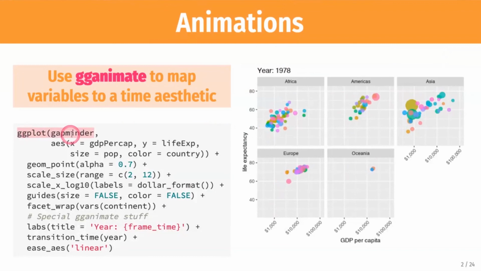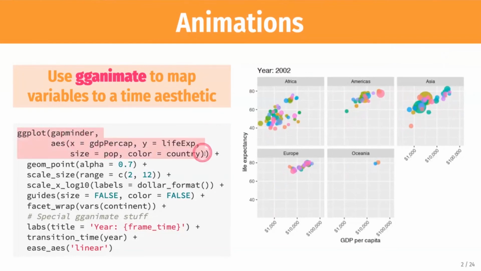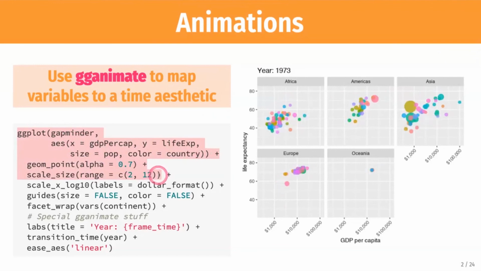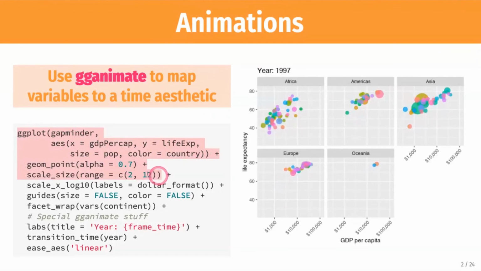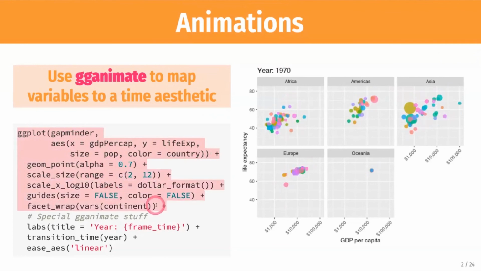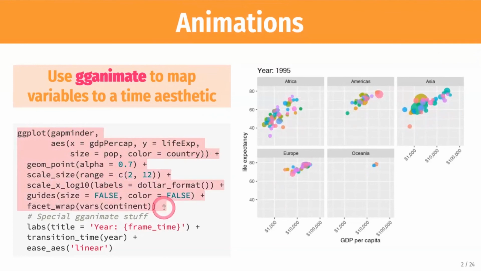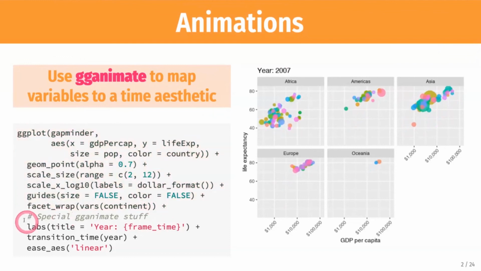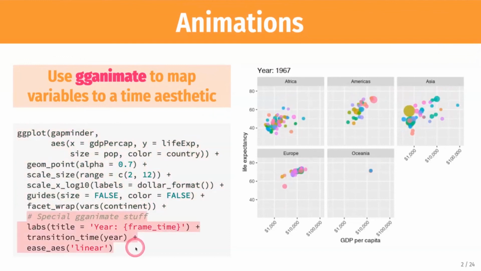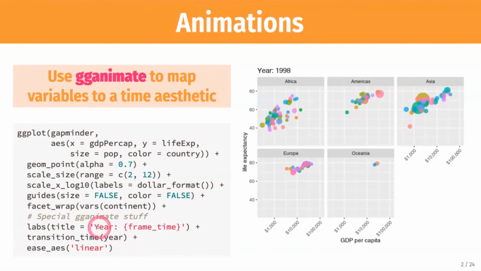Here's Gapminder. Here's our mappings of the different columns. Here's geom_point. We're changing the scaling of the size of the points. We're using a log axis. We're faceting. So these are all the layers we looked at before. And then these last 3 layers are special things that come from gganimate, where we're adding a title, but we're putting the frame time in the title.